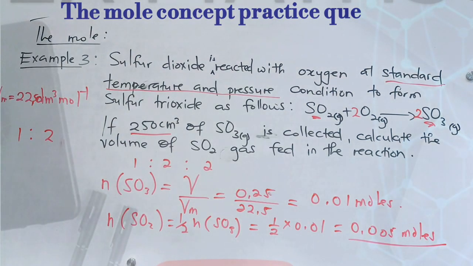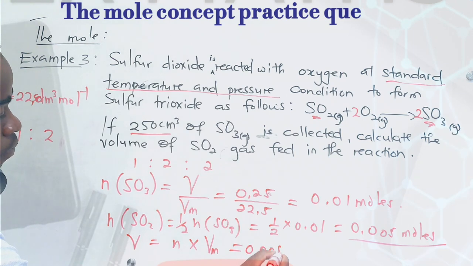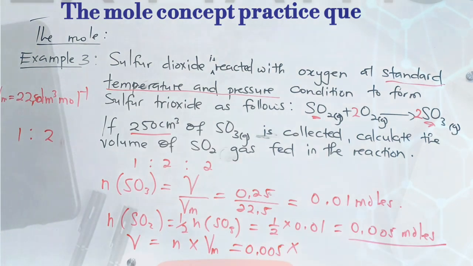But our question is to calculate the volume of sulfur dioxide gas fed in the reaction. So volume is equal to number of moles times molar gas volume, which is equal to 0.005 multiplied by molar gas volume, which is 22.5.